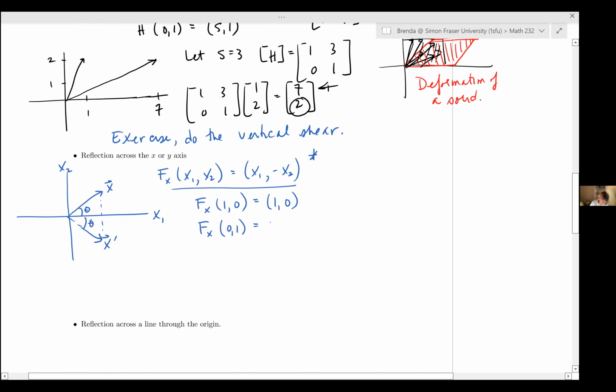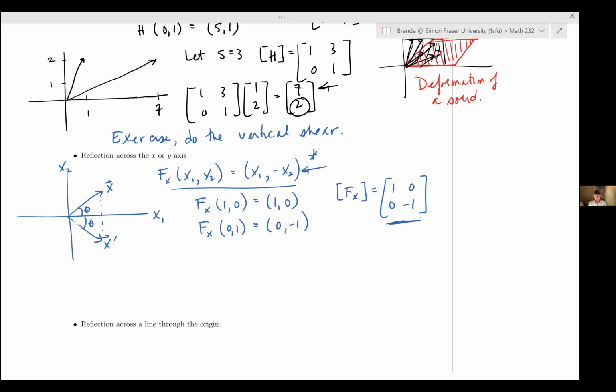It becomes, well, let me follow my rule here, 0, minus 1. I will then put those two things into the matrix as columns, 1, 0, 0, minus 1. So that right here is the matrix to reflect any vector that I choose across the x-axis.